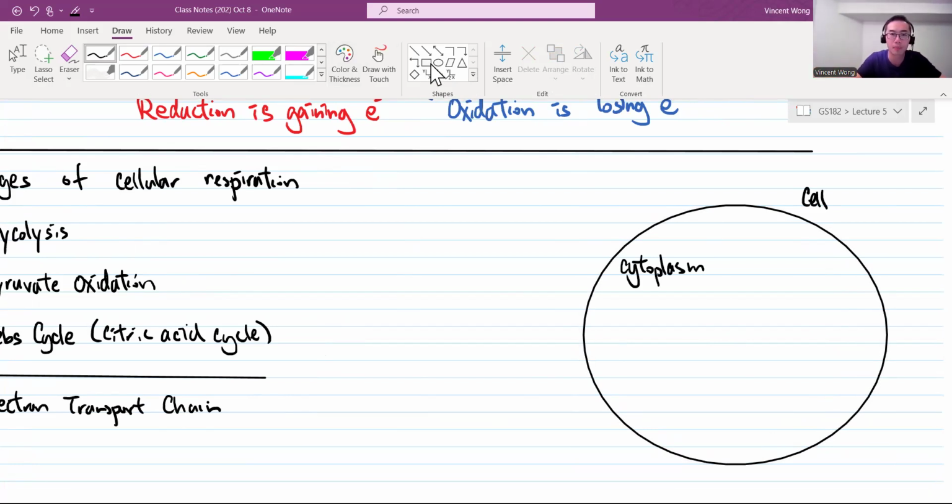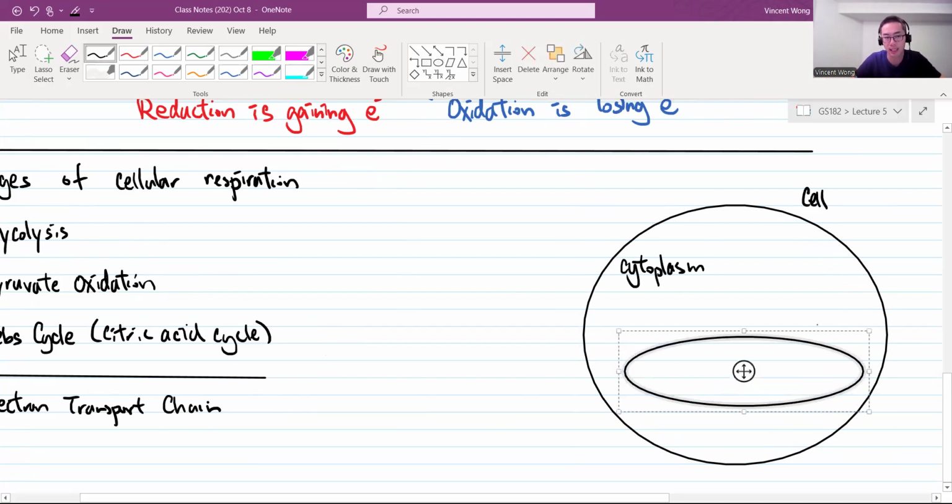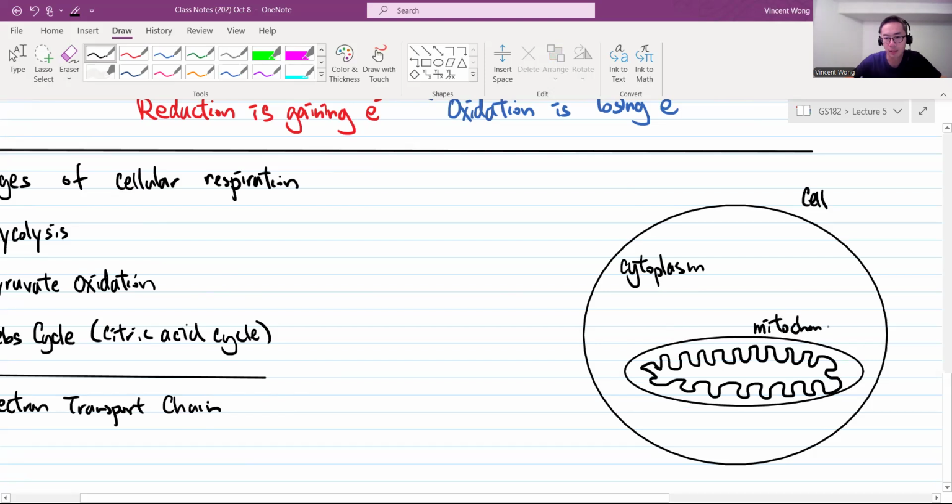All right, so I'm going to draw a mitochondria. Obviously you have a lot in a single cell, but I'm just going to draw one, and this is not to scale. So there's the mitochondria, and you might remember it looks like this on the inside, right? Like it's all folded up. That's the mitochondria. Okay. Ion for singular, ia for plural.